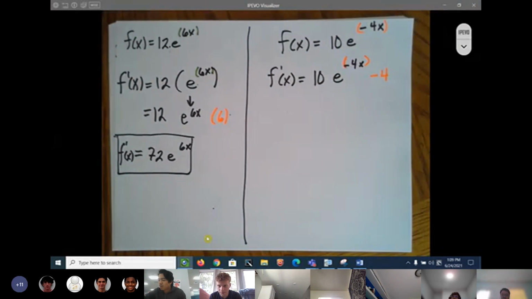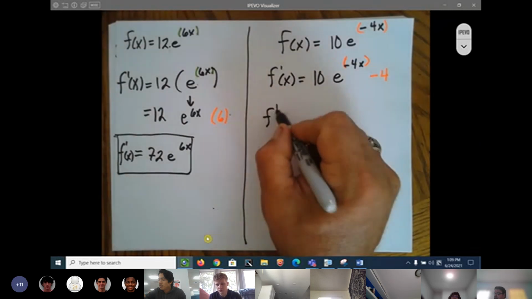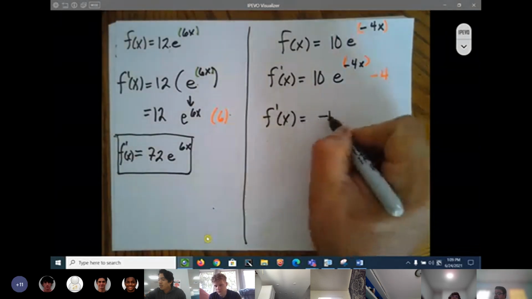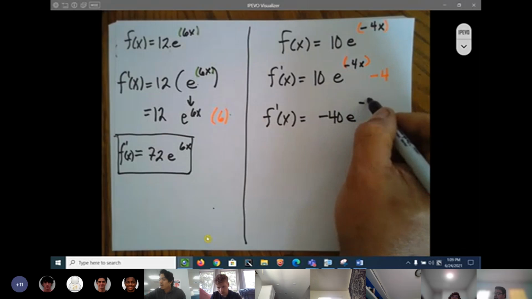Negative 4. So therefore, your final answer is f prime of x is equal to negative 40e to the negative 4x.